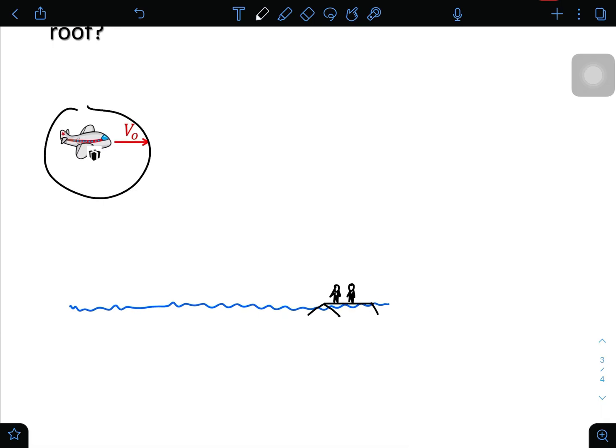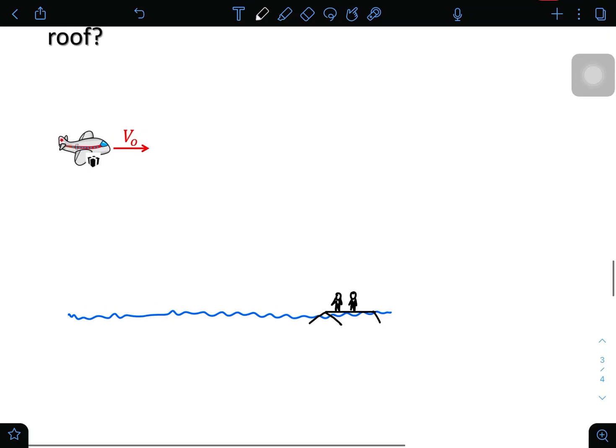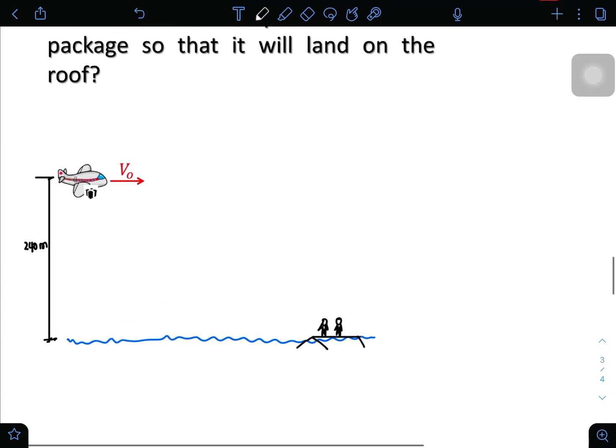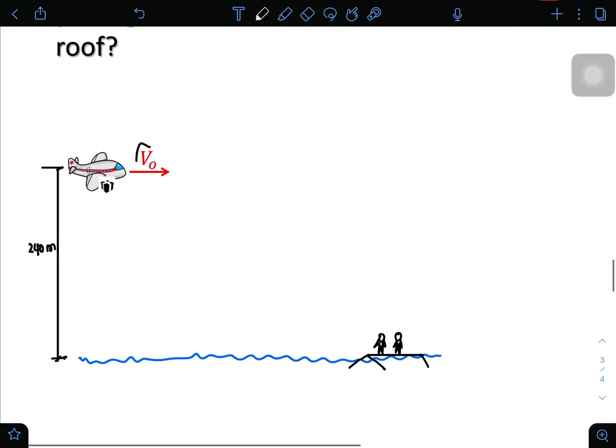Okay, for example, we have this one. This is our plane that has the package, and here we have the one waiting for the inflatable raft. According to the problem, the height from the roof is 240 meters, and it's traveling at a velocity equal to V0.